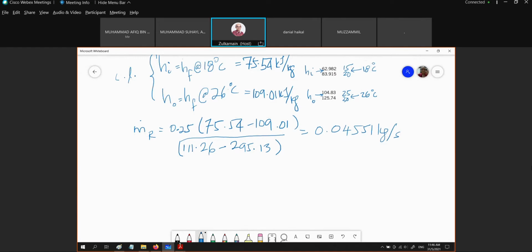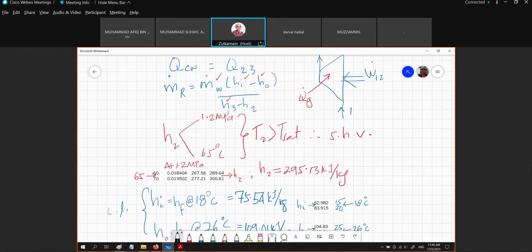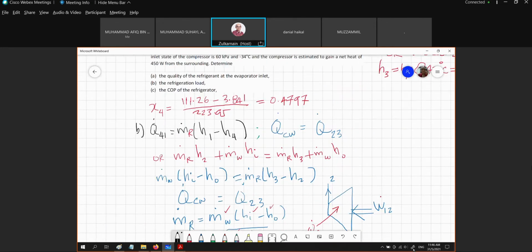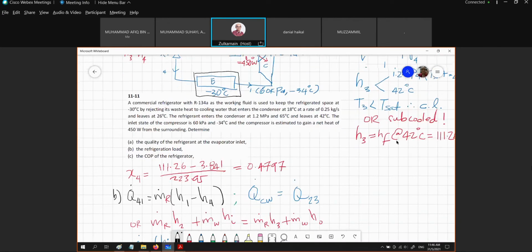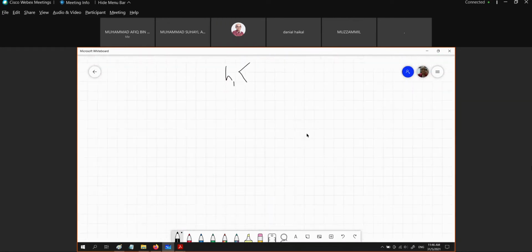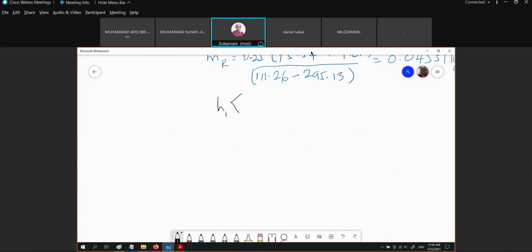H1 is based on the pressure of our condenser. Pressure of the condenser is 60 kPa. What is H1? It is superheated vapor, right?